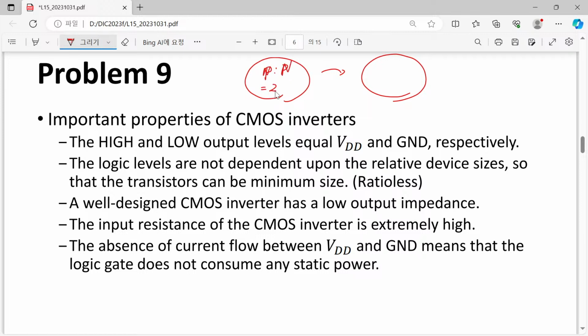In this case, this is a 2 to 1, the typical one, and 2 to 1 is now changed to 10 to 1. Then what happens to three quantities like high logic level, low logic level, and static power consumption?